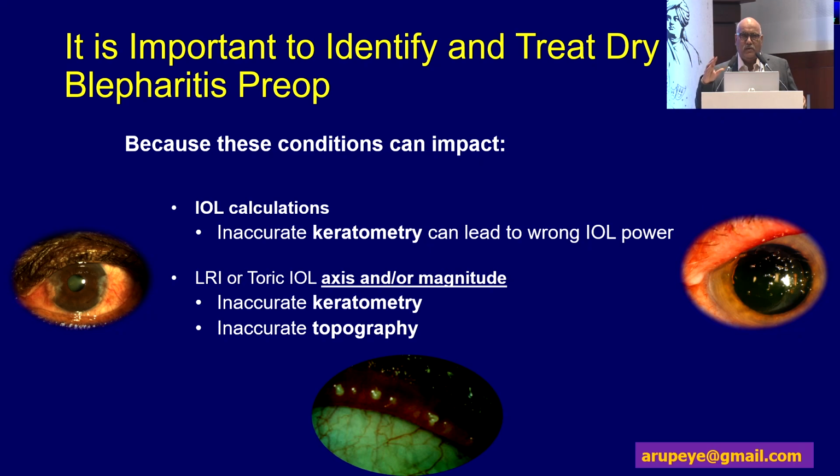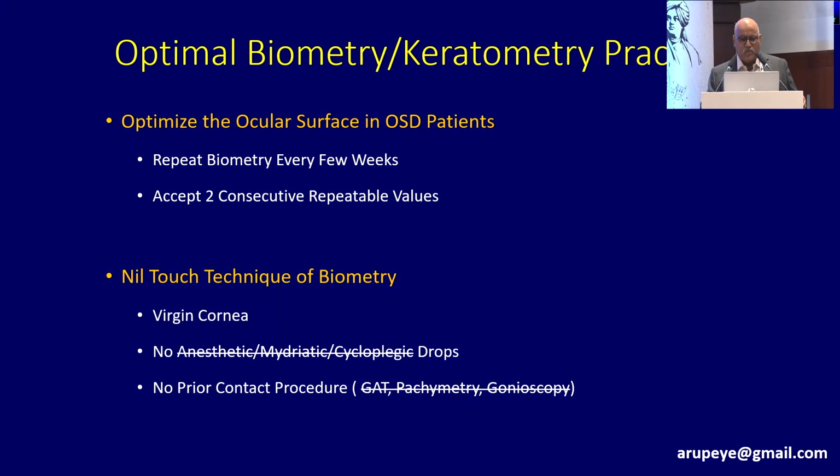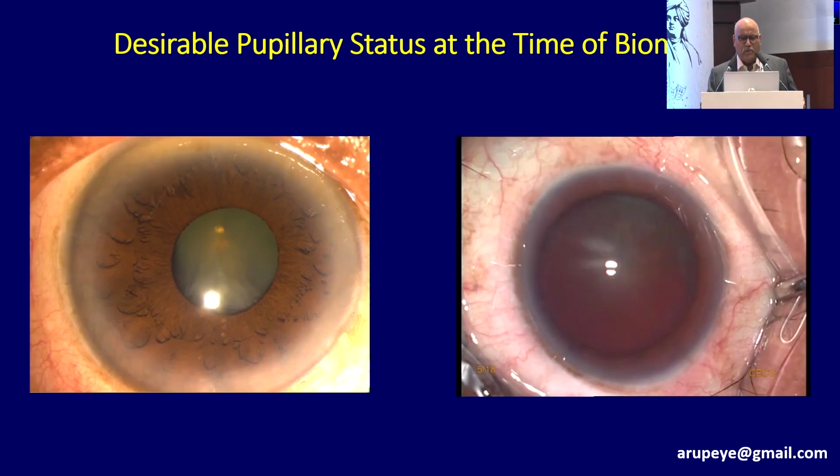If your patient has an ocular surface issue, that has to be optimized, and then biometric readings have to be taken. The third point is, we never do the biometry on a cornea where procedures have been performed, where you have dilated, done applanation tonometry, or used any contact technique. Biometry should be done as the first thing in the morning for the patient.